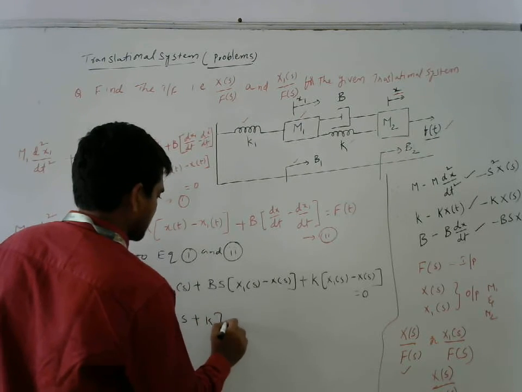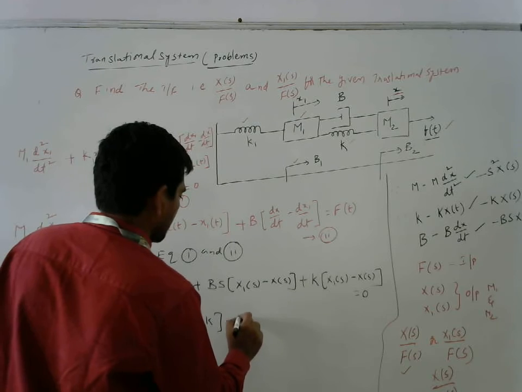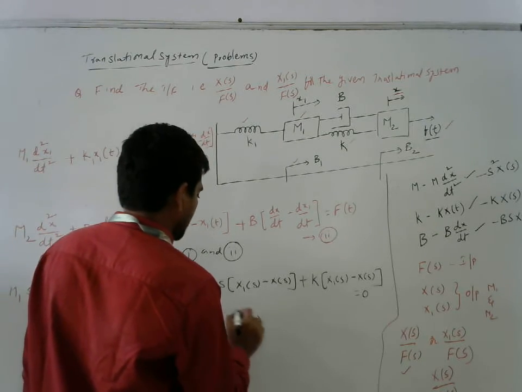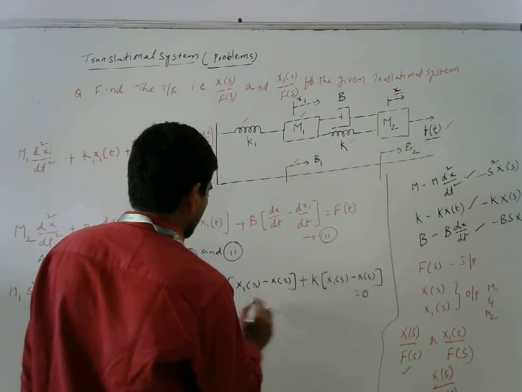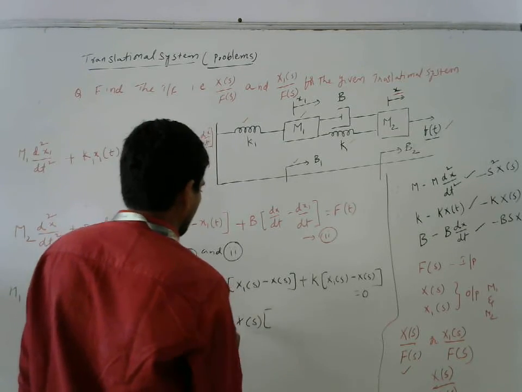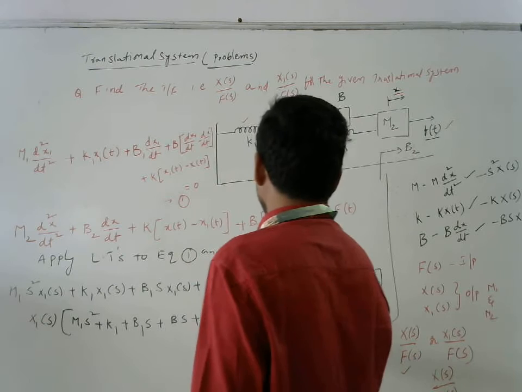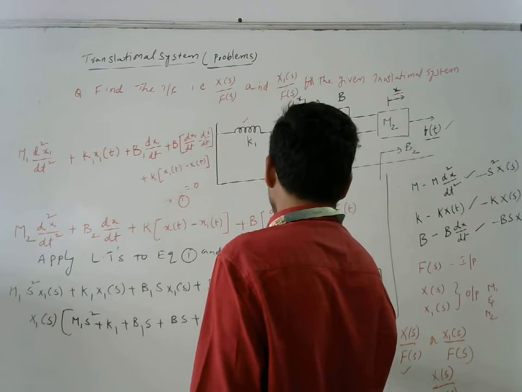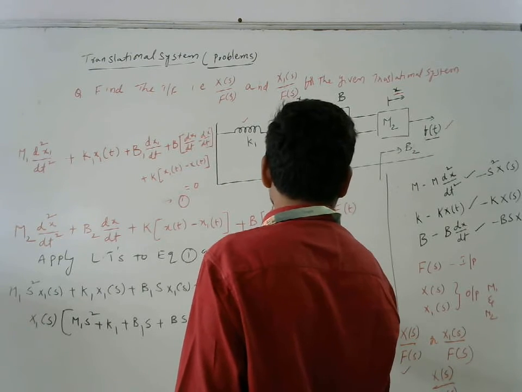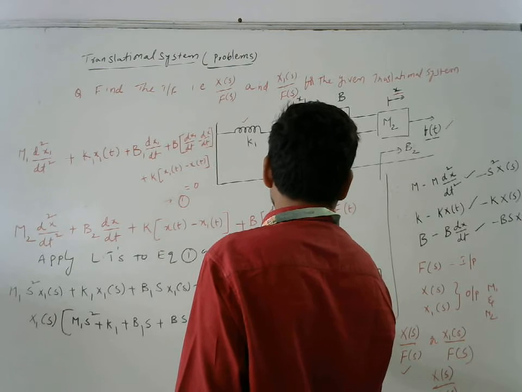Now, what is the remaining term? X of s, if we take it out common, minus x of s, I am taking out common. Then what are we having? bs, and next bs plus k.